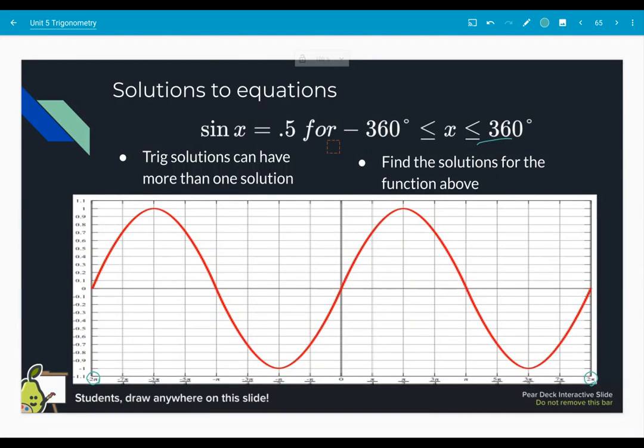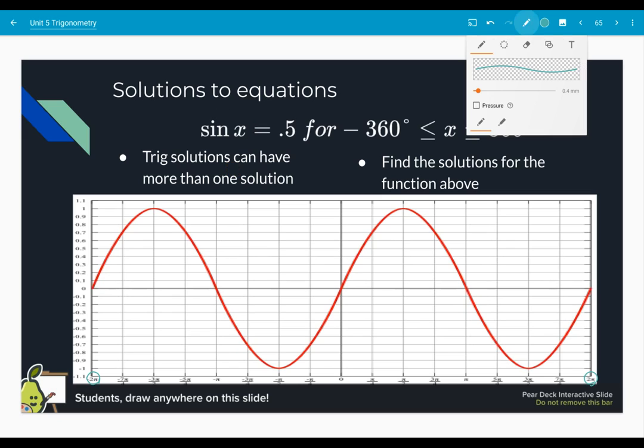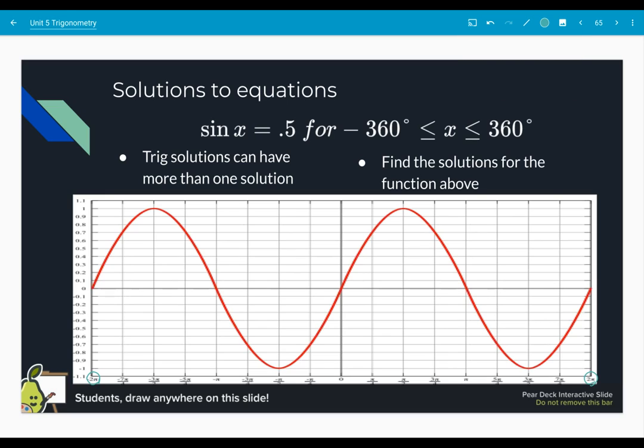So this function is drawn as sine of x for this domain. So we're good there. What this problem is asking is, where is the sine of x equal to 0.5? So we're going to take 0.5 and drag it all the way across our graph, and then identify how many solutions we're looking for. We're looking for 1, 2, 3, 4 different solutions.